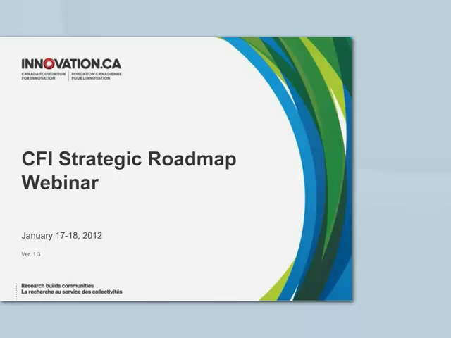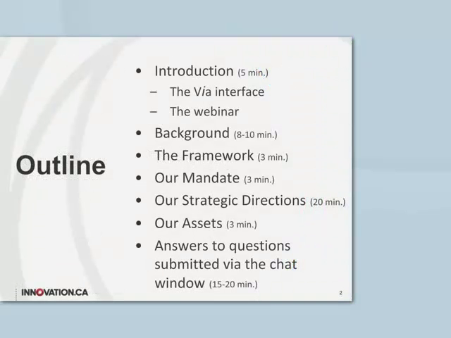And we will start first of all with the outline of the webinar this afternoon. First of all, following a brief introduction on the VIA interface and on how the webinar will be conducted, we'll move right into the core of the subject. I'll start by providing a bit of background material that is rather important, and we will spend a few minutes on this.